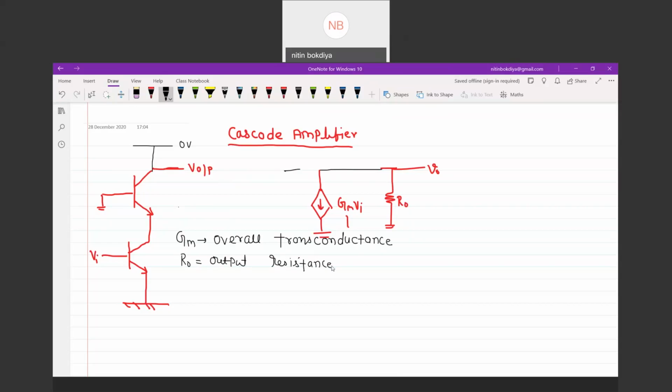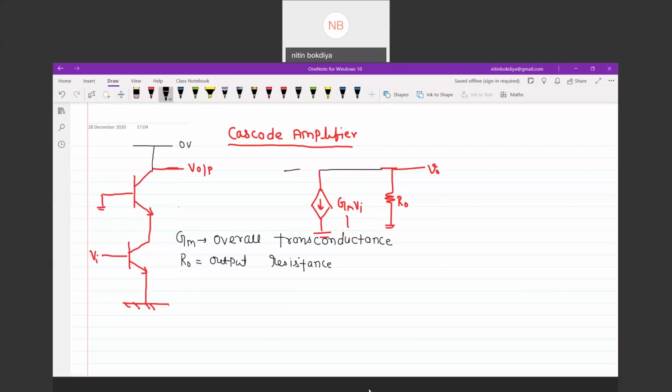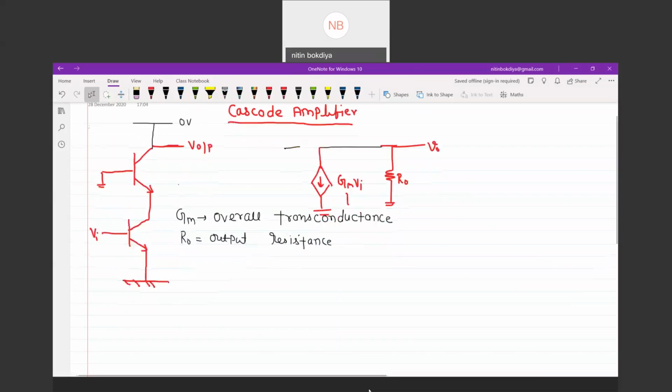So we are looking for a technique which can enhance the output resistance. Okay. So let's draw the small signal model for this.